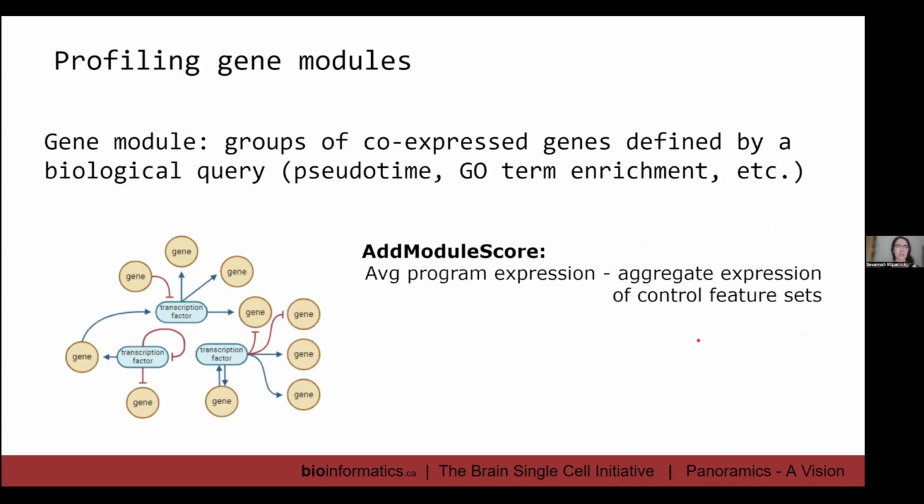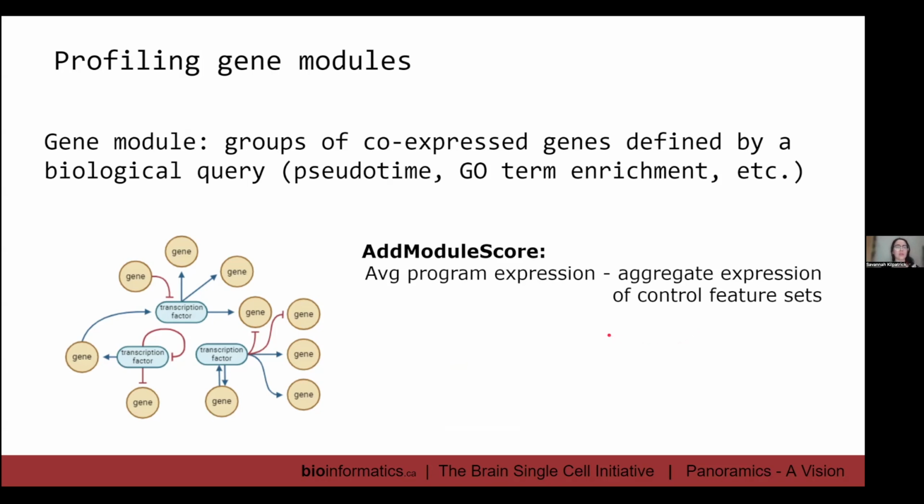So basically what it does is it considers your gene sets between your controls and your population of interest, so your patient-derived cells. And it calculates the likelihood that these groups of genes are co-expressed in this way by chance. And then it can apply a score of that likelihood.